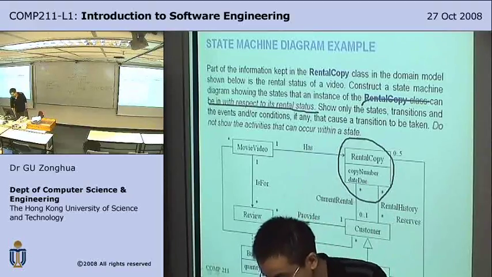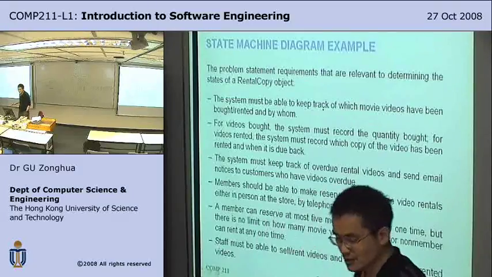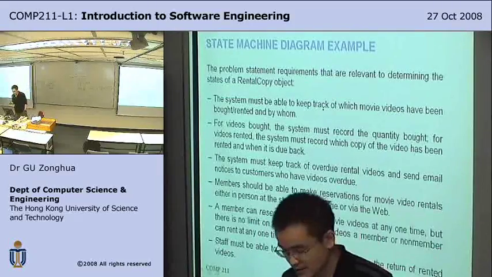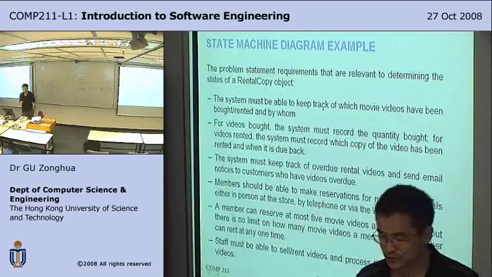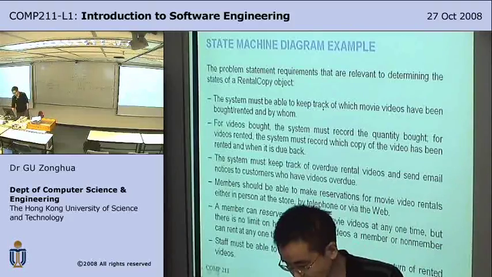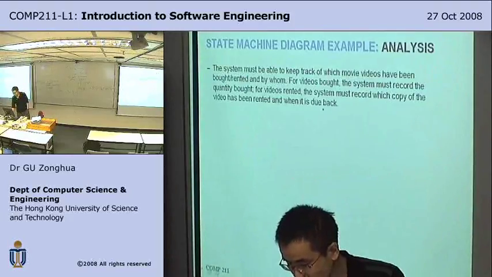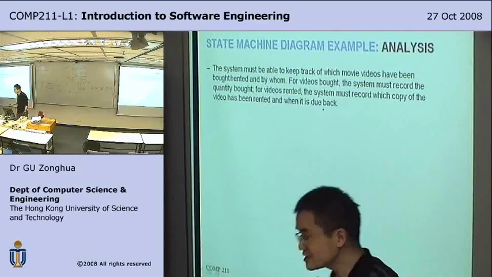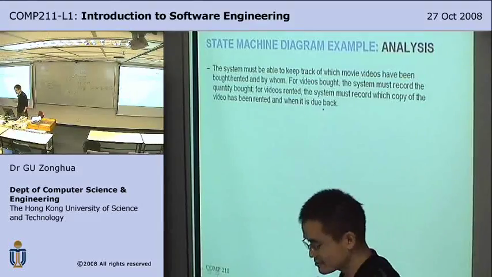So here are all the requirements that this particular object must be able to do. You go through some analysis. You can do this mentally. You don't have to write it out.